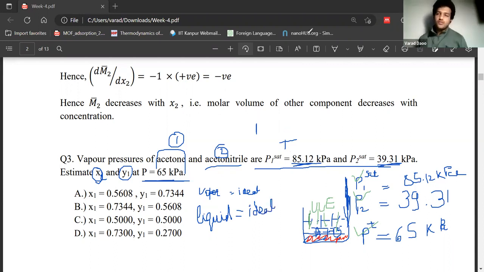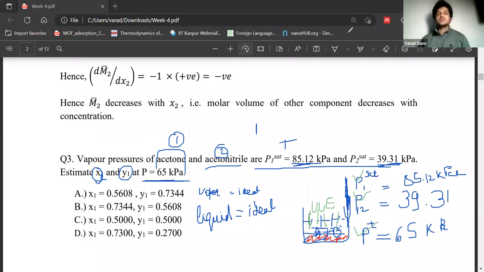This is a very straightforward question. If you have a basic understanding of what vapor-liquid equilibrium is, you can even derive the expression from the condition for two phases to be in equilibrium. Otherwise, you have a direct formula.